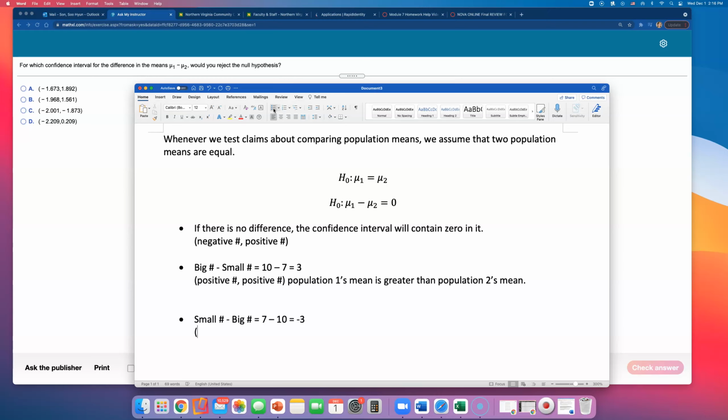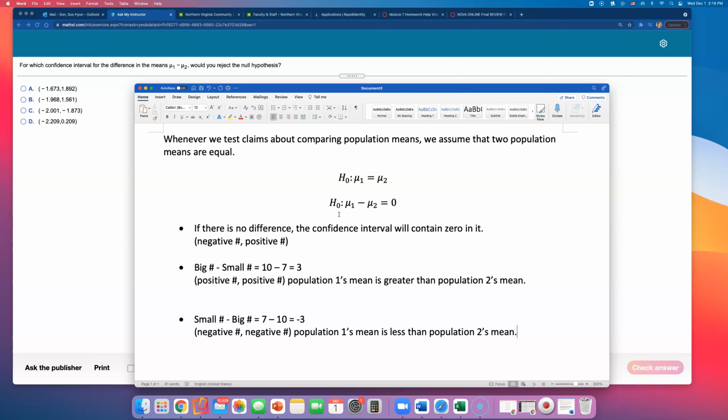So if you get a confidence interval that is completely under 0, the lower bound is negative and the upper bound is negative, what that tells us is that population 1's mean is smaller than population 2's mean. So depending on the signs of your confidence interval, you can determine if they are the same or if one is bigger than the other.